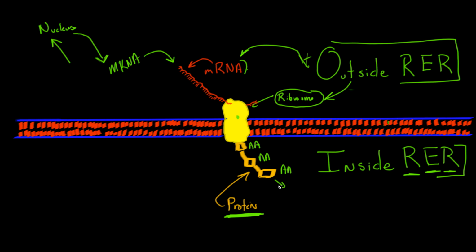And again, to reiterate, the rough ER produces protein. mRNA sits on the outside, moves through the ribosome, and as it moves through the ribosome, it makes a strand of protein on the inside. Or better yet, a strand of amino acids, known as a polypeptide, or a protein on the inside of the organelle.